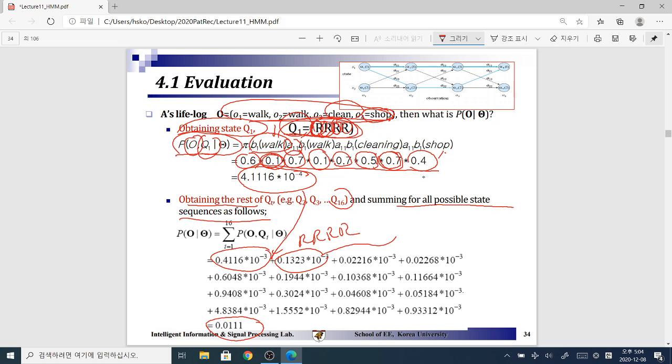This represents the case rain, rain, rain, sunny, and so forth. The last one here would be sunny, sunny, sunny, sunny. If you add all these combinations, the result is 0.0111. This is the probability of the observation sequence.